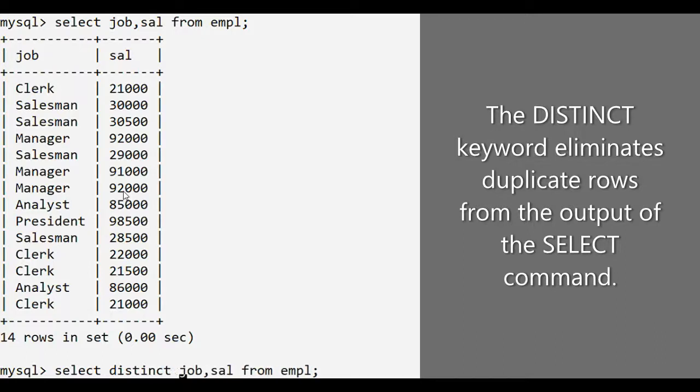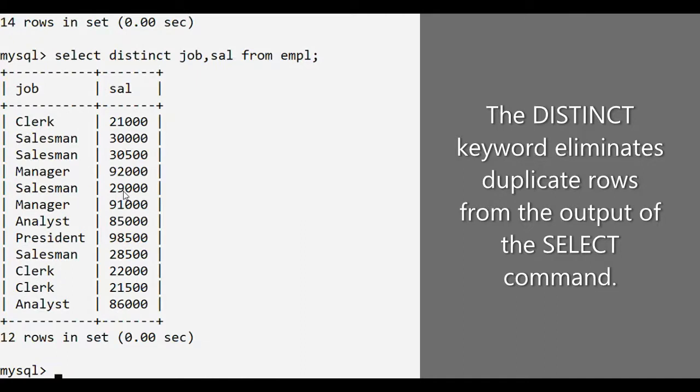So the command becomes select distinct job, sal from EMPL. Let's check the output. So the duplicate rows are now not displayed in the output of the select command. Clerk 21,000 appears only once, and manager 92,000 also appears only once.